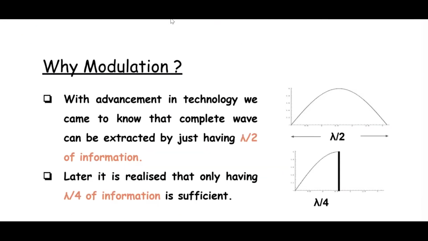With the advancement of technology, the engineers observed that if you have this sort of waveform, this side is exactly similar but opposite in polarity. If it is a sine wave, this side has a value of 1 and this side is -1. The amplitude is the same but the sign changes, the polarity is reversed.